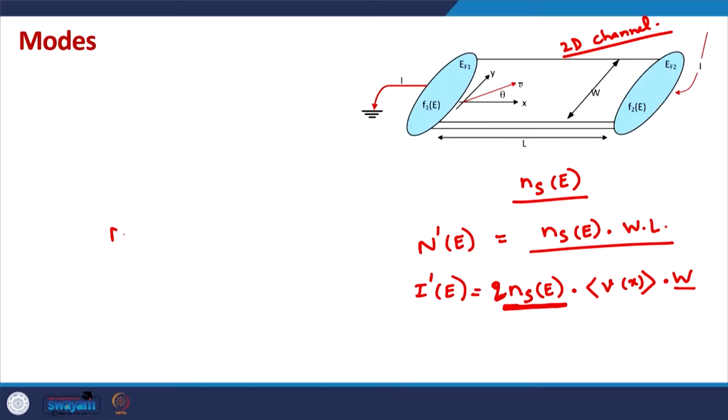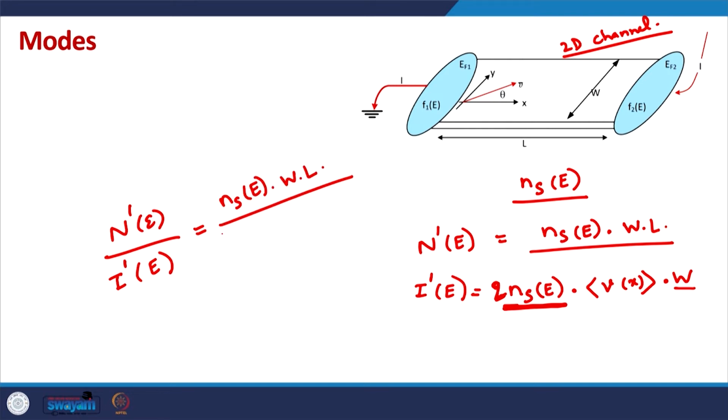So, now the ratio of these two terms, n prime e by I prime e, is NSE times W times L divided by Q times NSE times W times the average velocity of electrons in x direction.